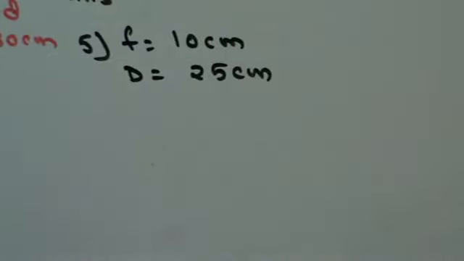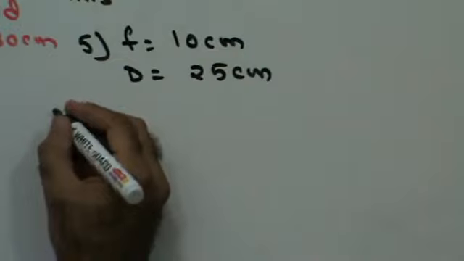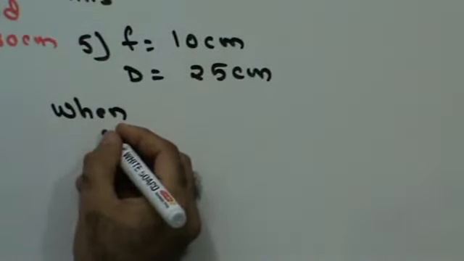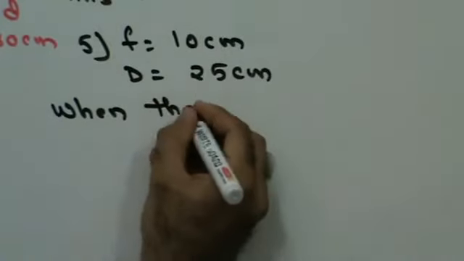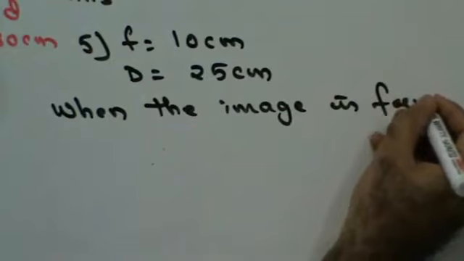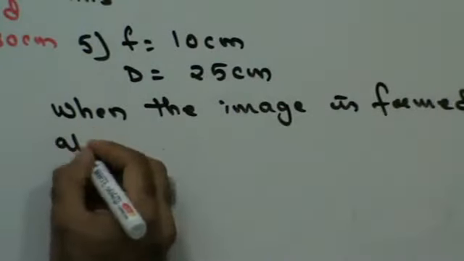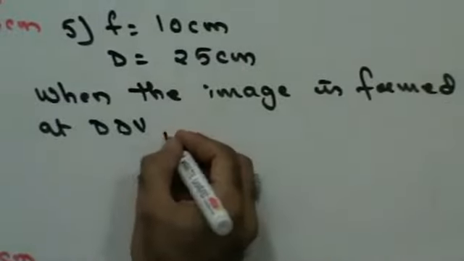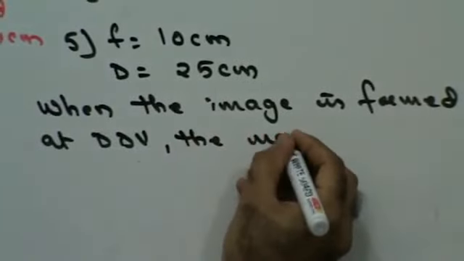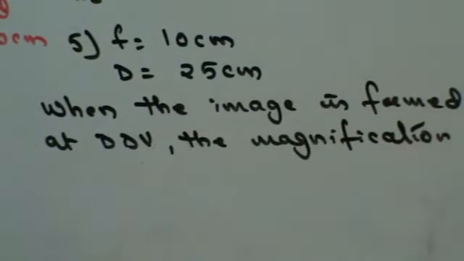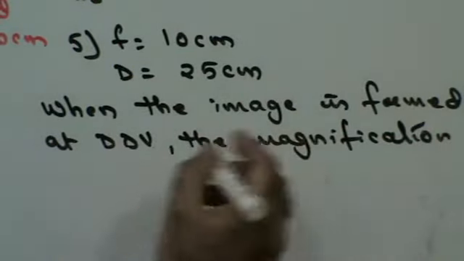Now, I want maximum magnification. When will I get maximum magnification? When the image is formed at DDV, the magnification is maximum. He's using a single glass, that means it's going to work like a simple microscope.